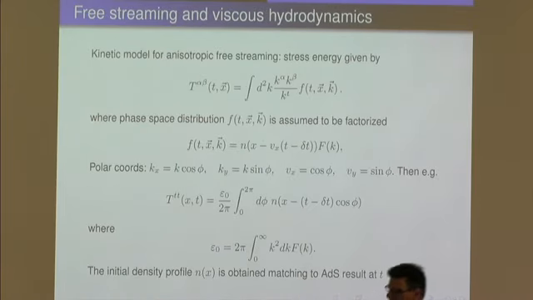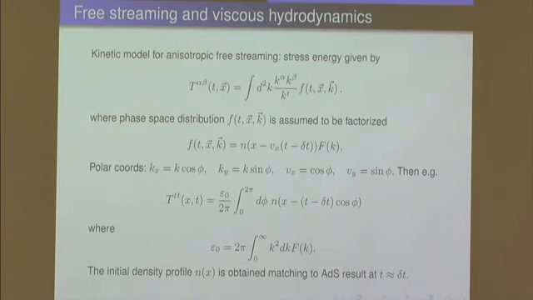Okay, so now we would like to compare this with free streaming and viscous hydro. What do I mean by free streaming? It's astonishingly simple. You just consider some phase-space distribution, and you want to follow its time evolution, and that gives you the stress tensor. We assume that the phase-space distribution is factorized. This is a standard assumption.